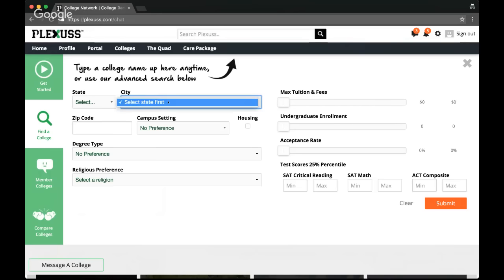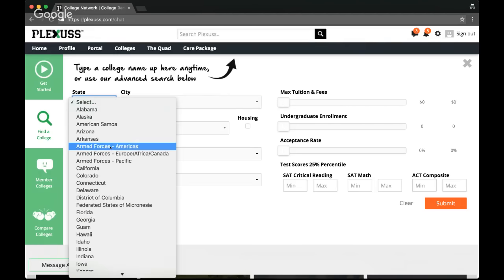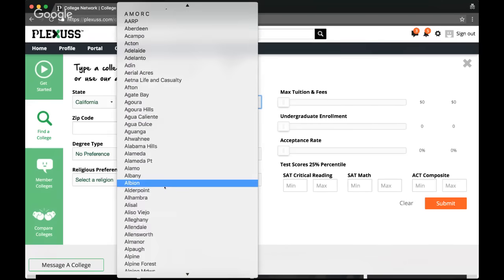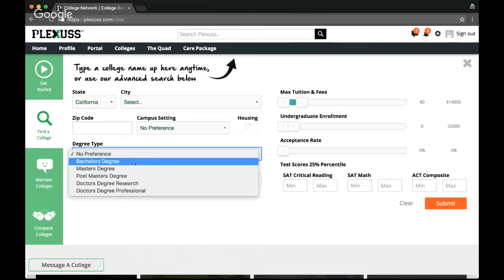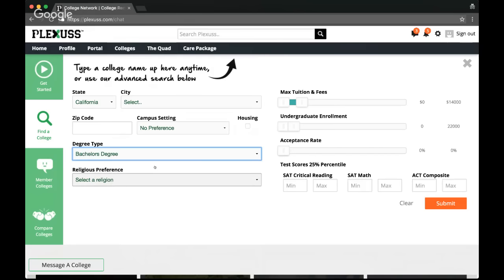If I knew I was interested in a specific state, for example, California, I could select a city in California that I would be interested in going to school in, or you can set tuition prices, graduate enrollment numbers, acceptance rate. You have the degree type. If you're interested in a bachelor's degree, for example, you can select that there. You have test scores as well, if you're interested in setting up minimum test scores to really see what schools you'd fit into. This is a great way to find schools and start your college search on Plexuss.